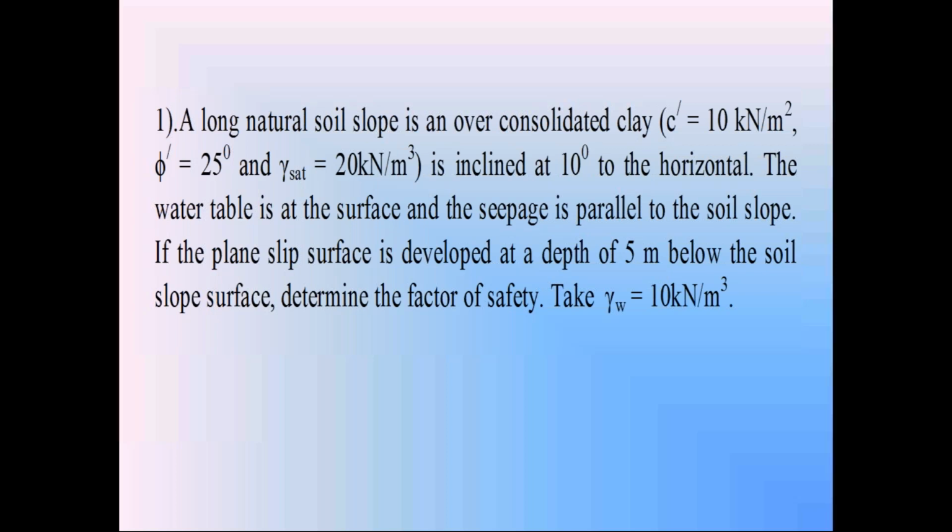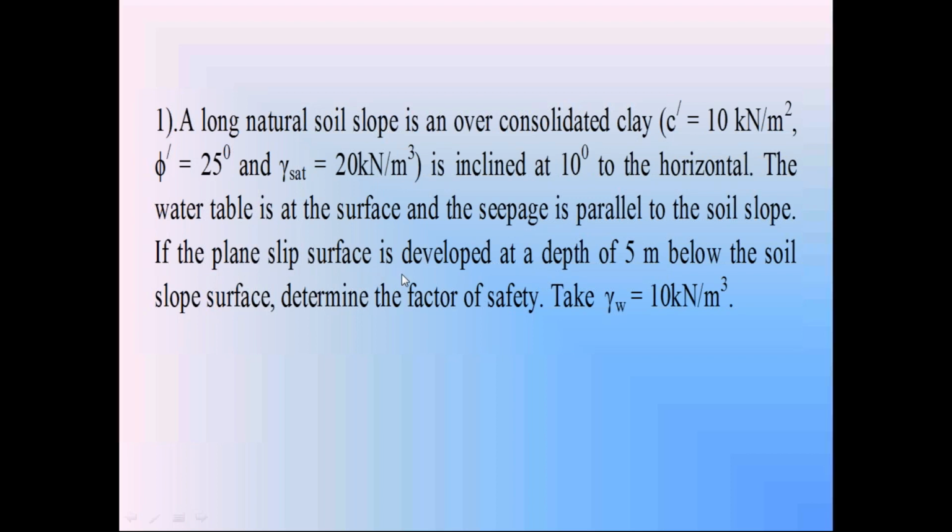For that, they gave the cohesion 10 kilonewton per meter square, the angle of friction phi 25 degrees, the saturated unit weight 20 kilonewton per meter cube, and the angle made by the soil slope with the horizontal, and also they gave the depth of the failure surface.